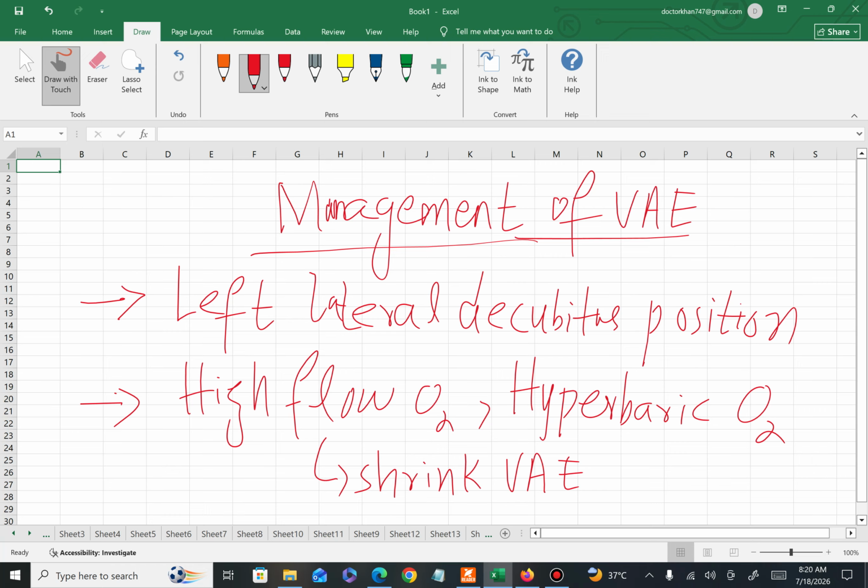And then we will give high flow oxygen, or in severe cases hyperbaric oxygen, because high flow oxygen and hyperbaric oxygen will shrink the venous air embolism.